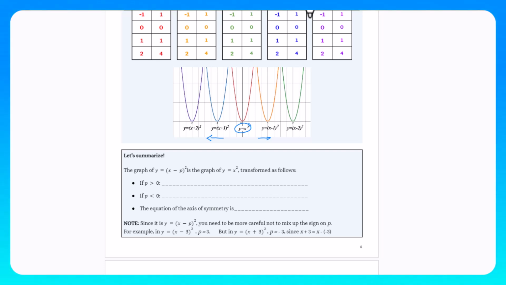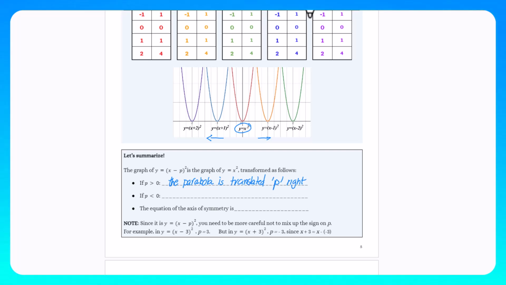So let's write that down. So in this one, the parabola is that word again, translated P units right.